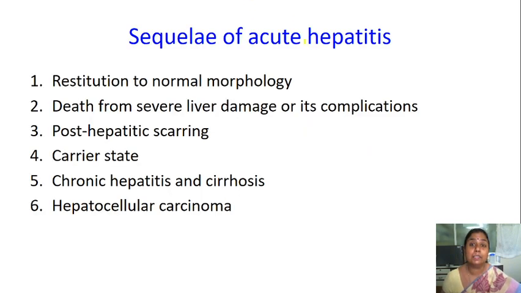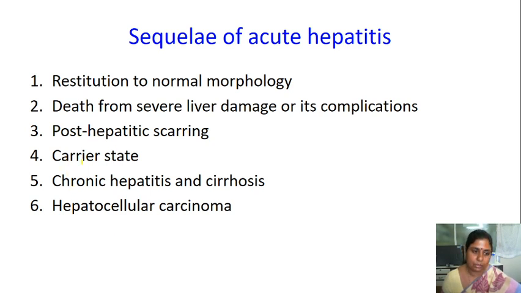And now what happens in cases of acute hepatitis? If it is the classic spotty necrosis hepatitis, it goes back to normal, okay. If it is panlobular, it goes to death with severe liver damage or its complications. If it is bridging type of necrosis, or a periportal necrosis type, it goes into post-hepatic scarring.